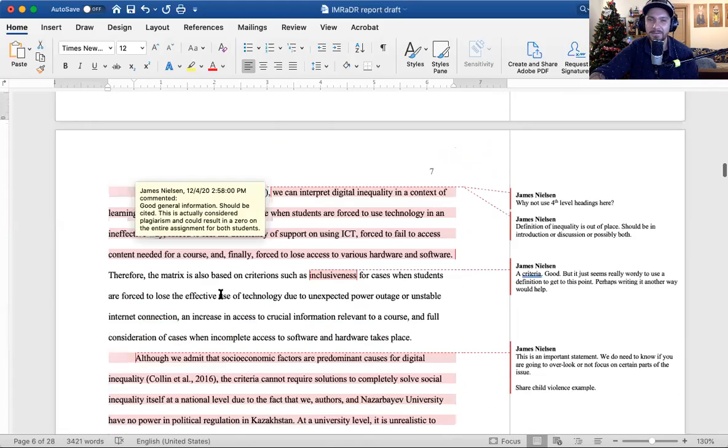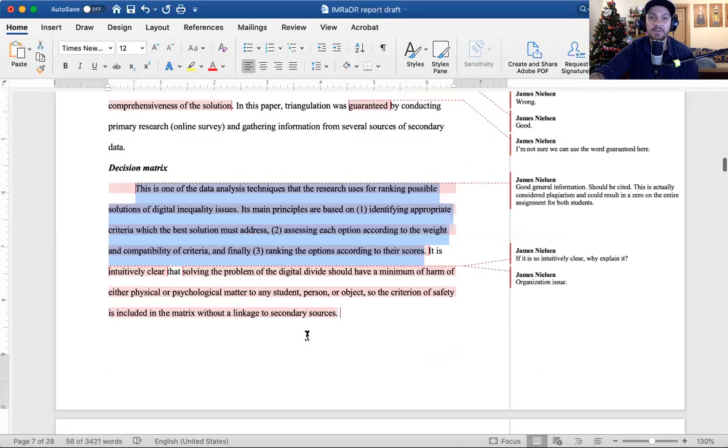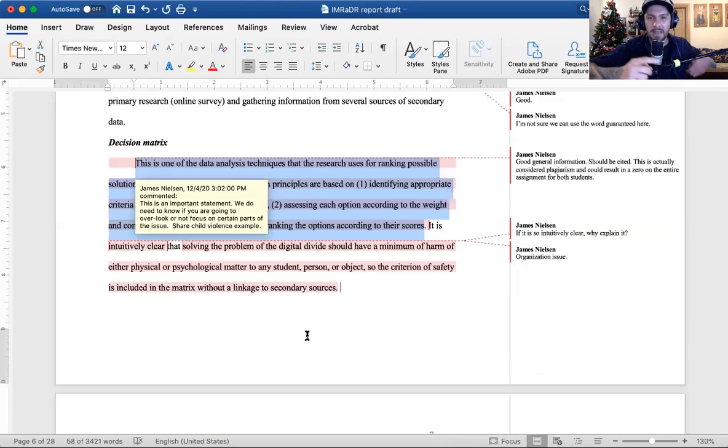It's very weird. This is the section where I expect you to tell me every specific criteria you're using in your own decision matrix, every option you're using in your specific decision matrix, every weight you've given each one in your specific decision matrix, and secondary sources used to cite all of that, or most of it, not all of it.